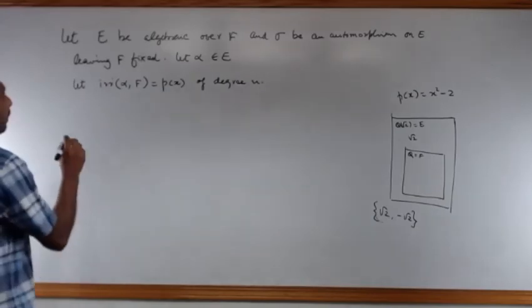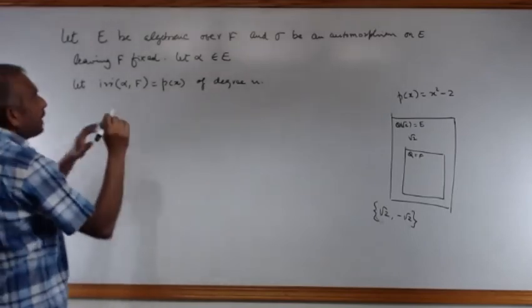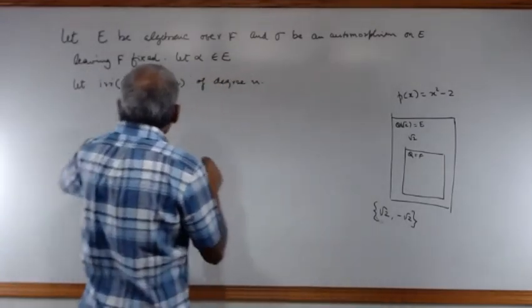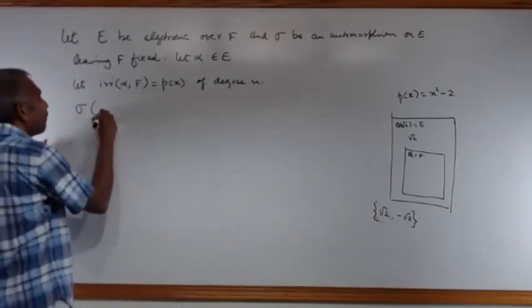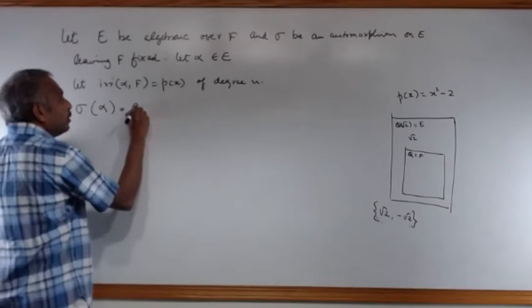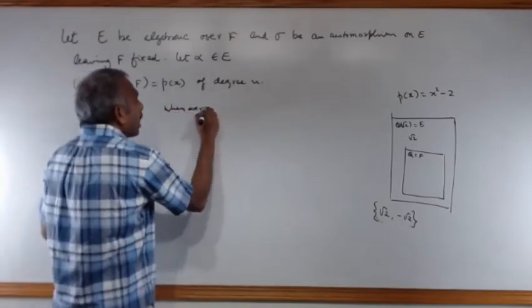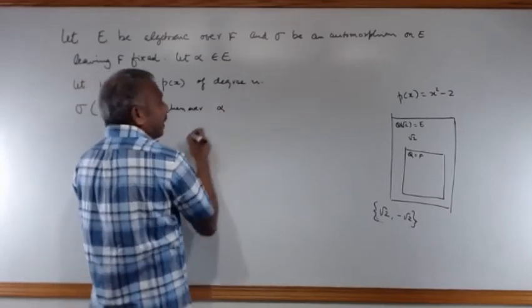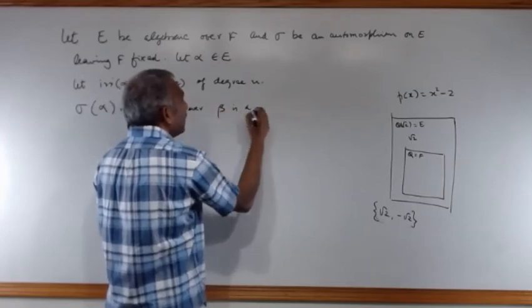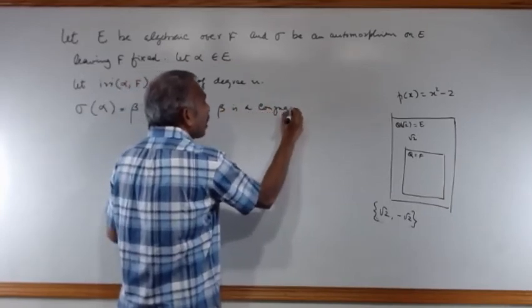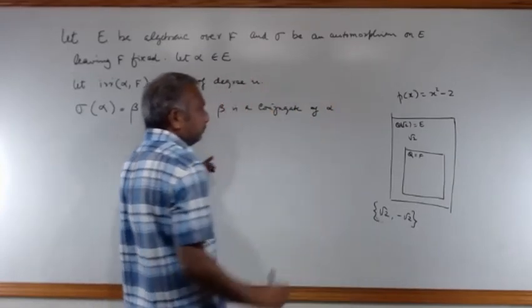Now, sigma is an automorphism. So, sigma of alpha is equal to beta, where beta is a conjugate of alpha.